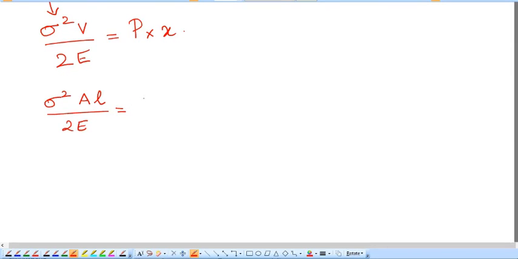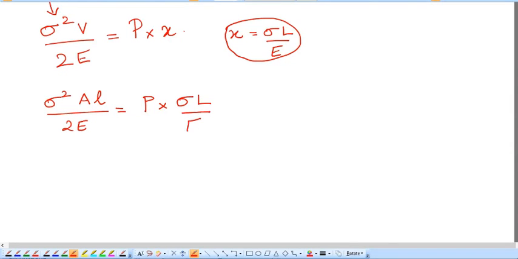And what is the extension X? Previously, for the gradually applied load, we have shown that X is equal to sigma L by E. So this value I have to substitute here. So instead of X, I am substituting sigma L by E. So I am taking small l itself.